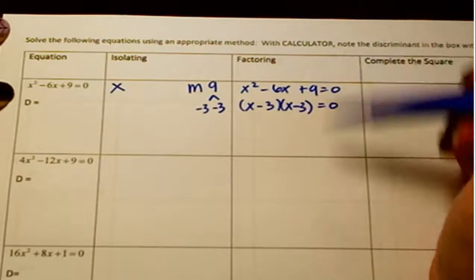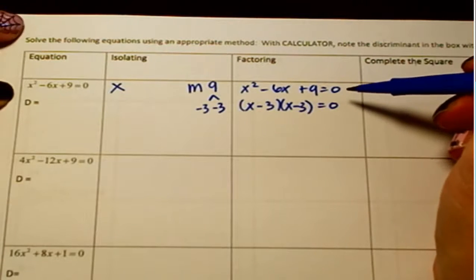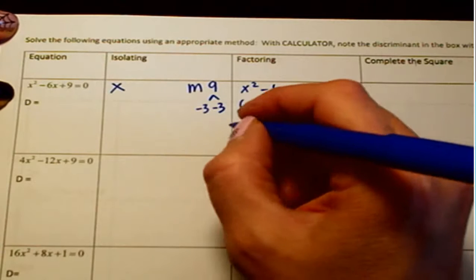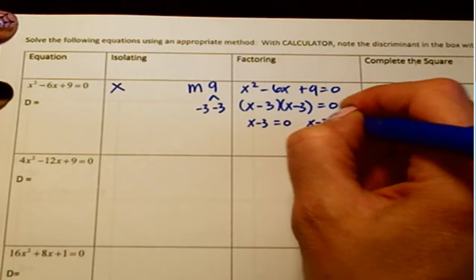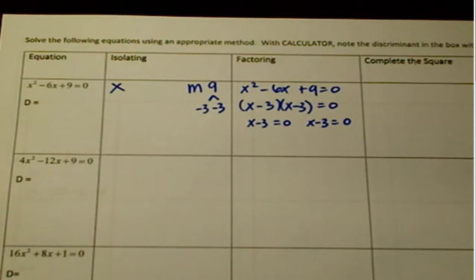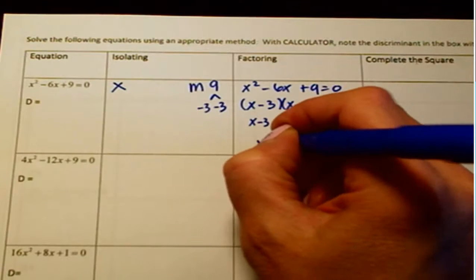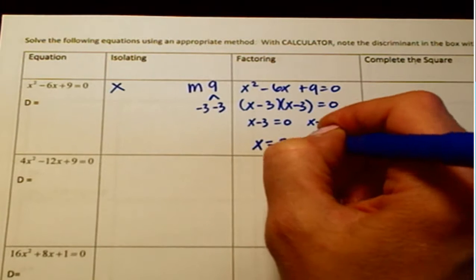Right, and we are solving. Notice this is equal to 0. Okay, so x minus 3 equals 0. I know that there's not a lot of space, so if you need to do some scratch work on the whiteboard or paper, then do that. Okay, so I get x equals 3 and 3.